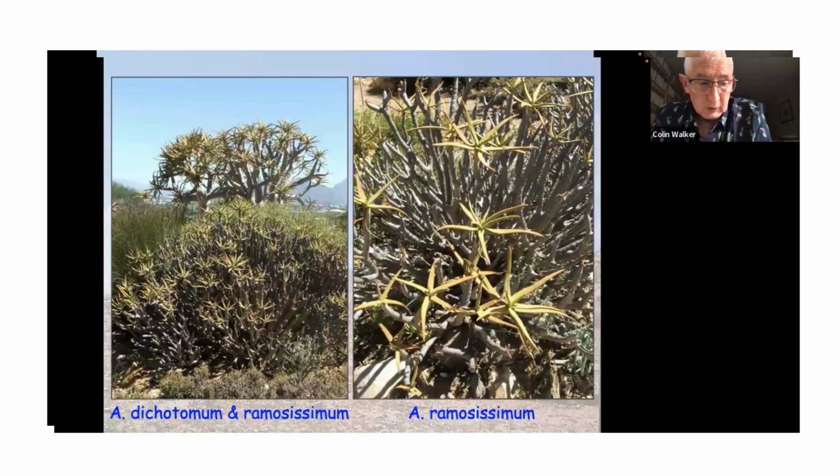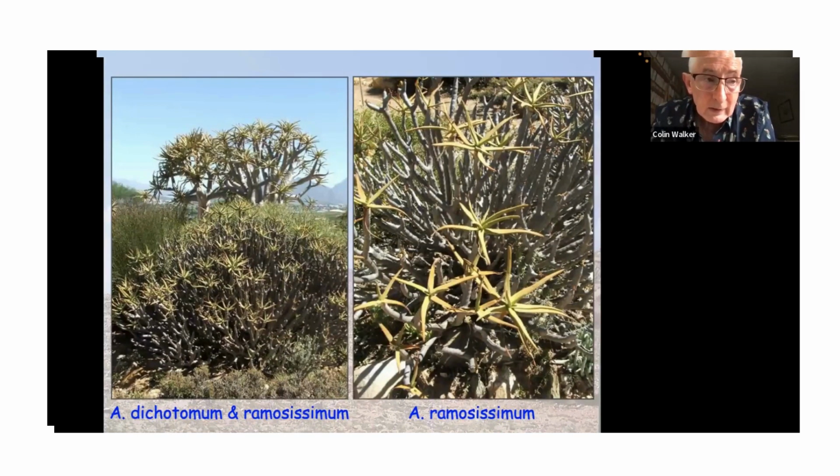Both these images were taken at the Karoo Botanic Gardens to show you the contrast between these two species. So in the background is Aloidendron dichotomum. In the foreground is Aloidendron ramosissimum, a densely branched shrub. One study I have not mentioned so far was in terms of the total DNA content of aloes.